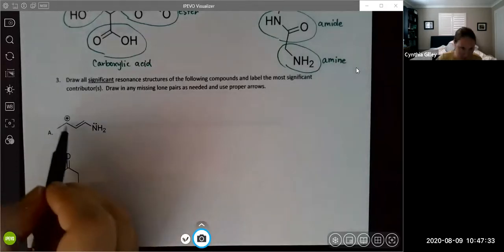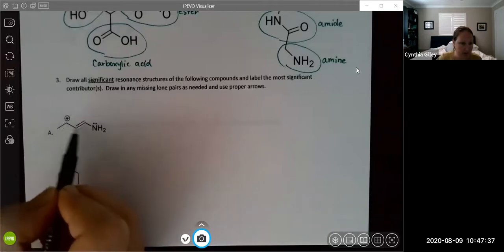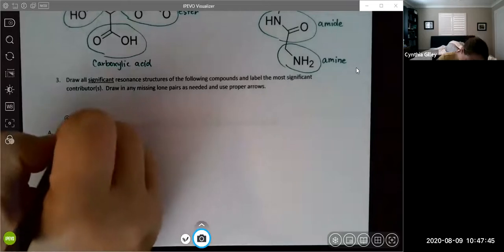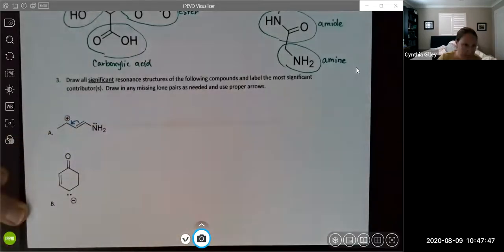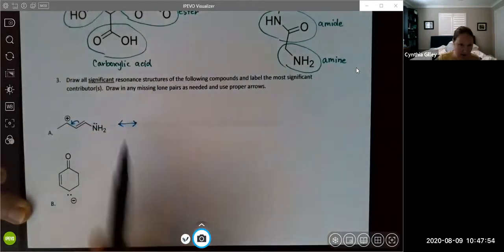So this pattern looks like the allylic carbocation, or allylic positive charge as it is sometimes called. So to draw that pattern, we're going to shift the pi electrons over to between these 2 carbons. When I'm drawing resonance contributors, don't forget to draw that resonance arrow.